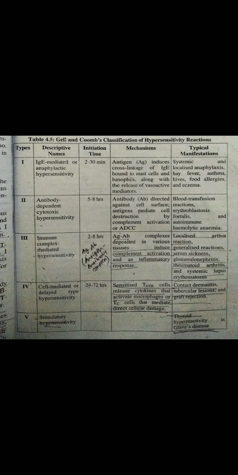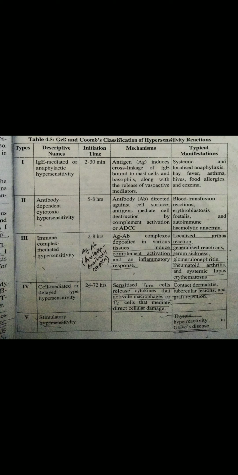Next is the type 3 hypersensitivity reaction, known as immune complex mediated hypersensitivity. It is initiated after 2 to 8 hours. Now, antigen antibody complex is deposited in various tissues and starts the activation of complement, and due to that inflammatory responses are generated.